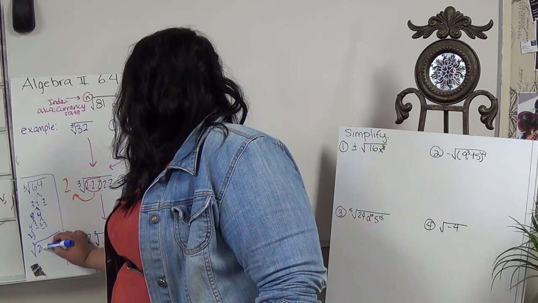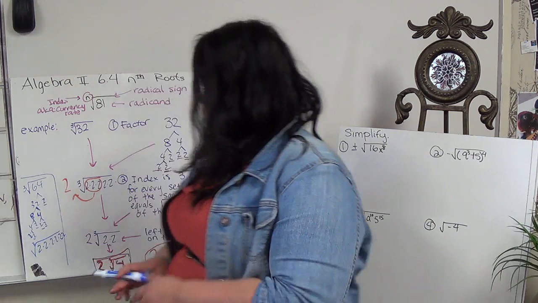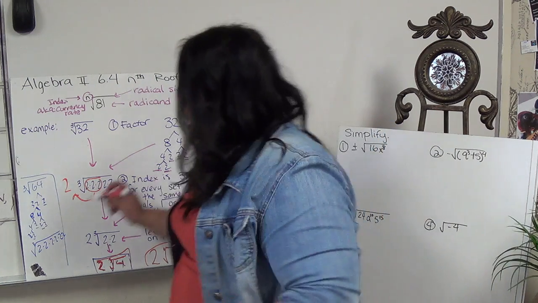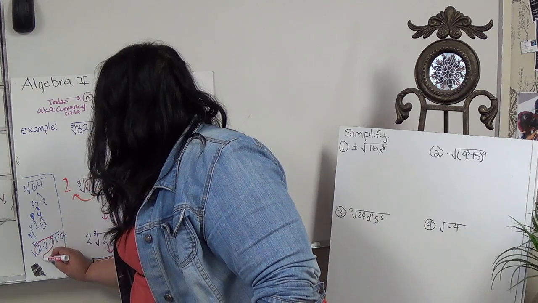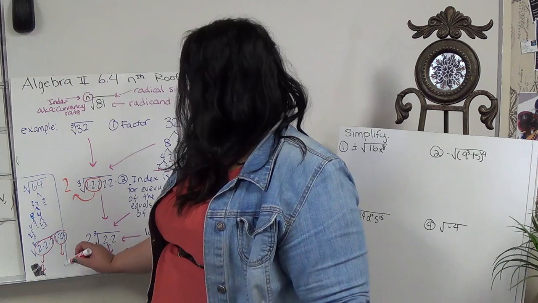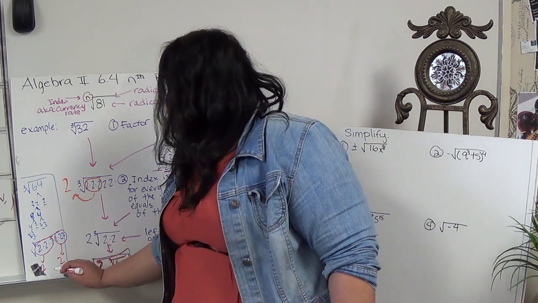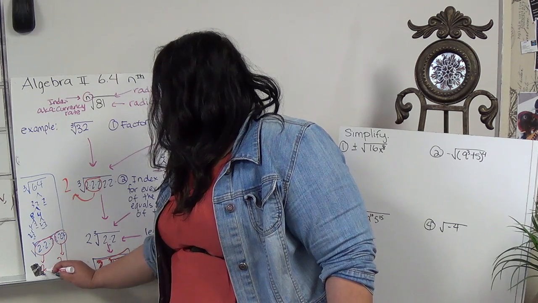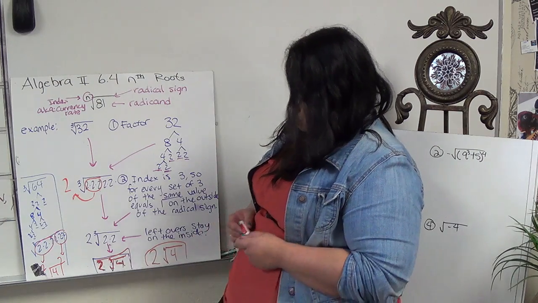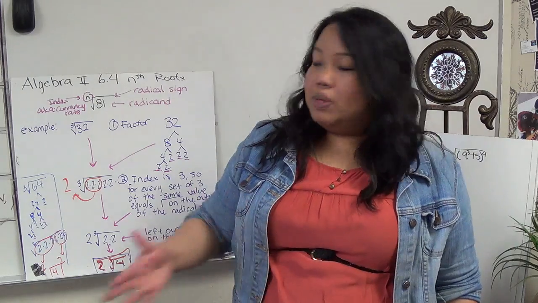So cube root of 2 times 2 times 2 times 2 times 2 times 2, right? The index says every set of 3s. So I have one set of 3. That becomes one 2 on the outside, and another set of 3 2s, which is also on the outside. Nothing else is left on the inside. Since nothing else is left on the inside, I just multiply what's on the outside, which is 2 and 2, which is 4. What that's telling me is I do 4 times 4 times 4. It should give me 64 on the inside.